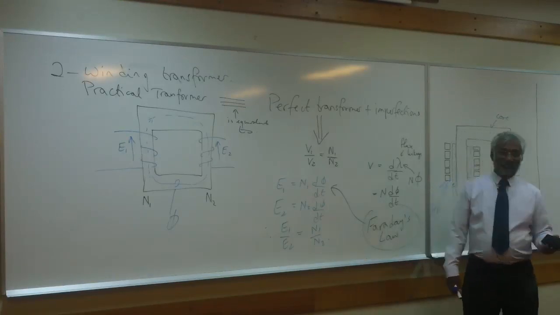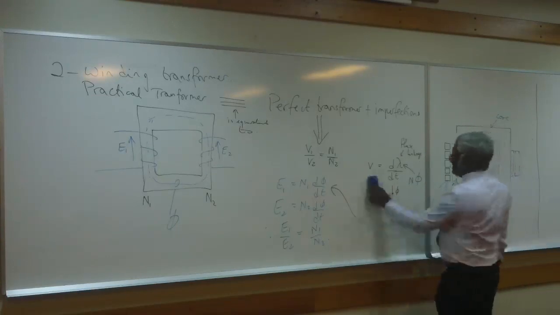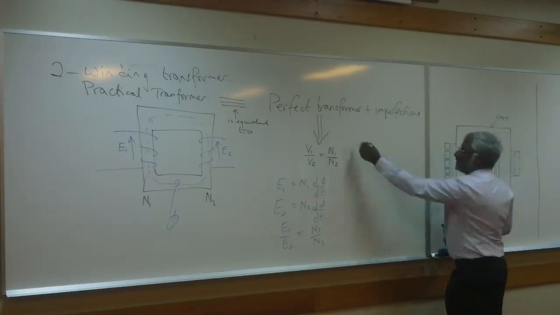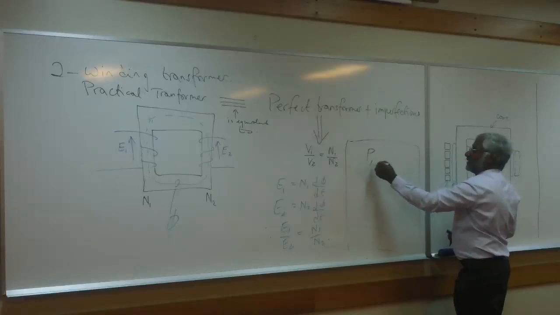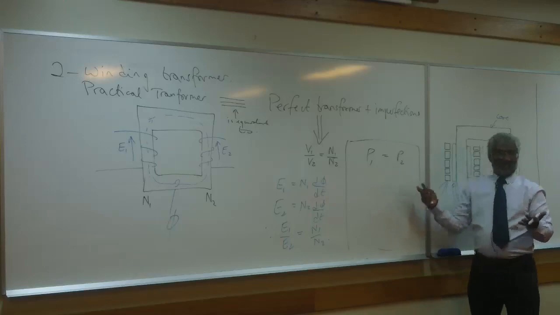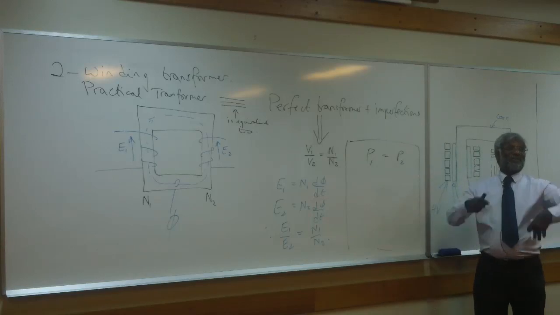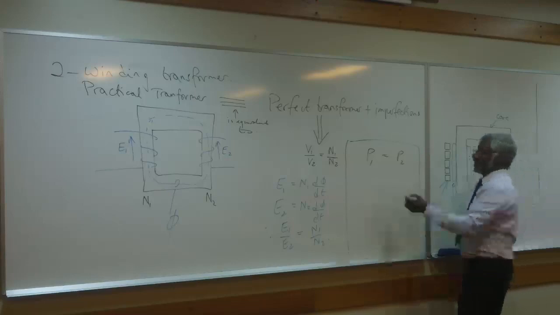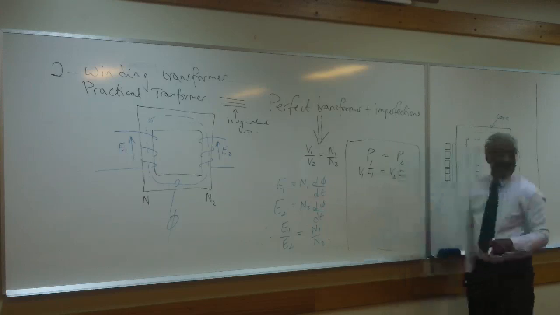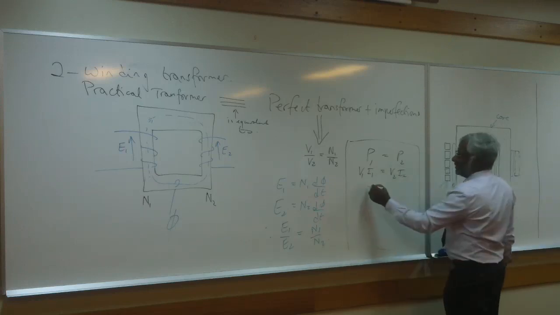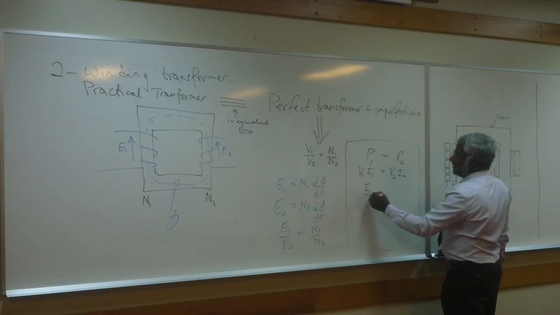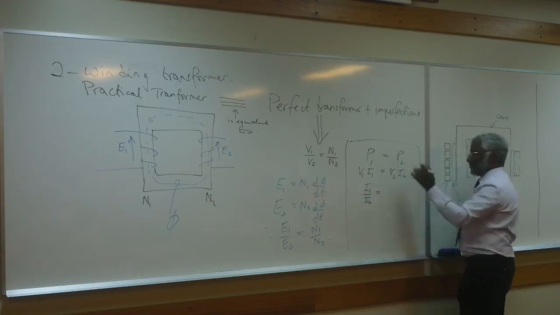So you're not creating any power. So if you say P1 equal to P2, admitting that you're not creating any power, whatever you put in is coming out. And the assumption there, of course, is that there's no losses, but also there's no creation of power. So if that's the case, then V1 I1 is equal to V2 I2. And therefore, you can say it many ways, but I'm not going to derive it. You can derive that yourself.